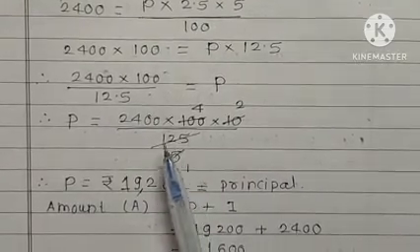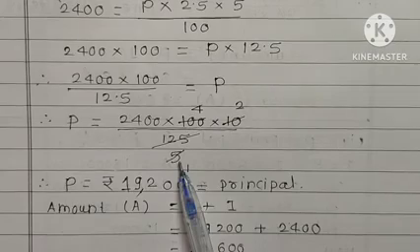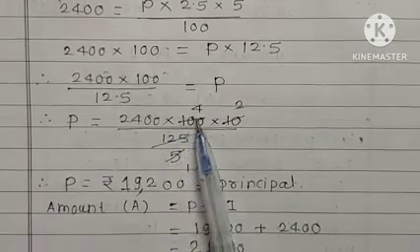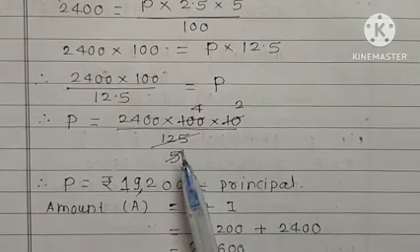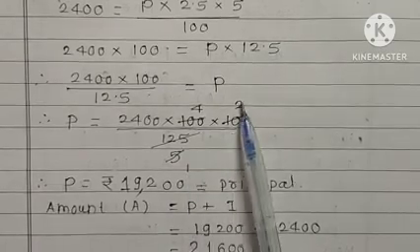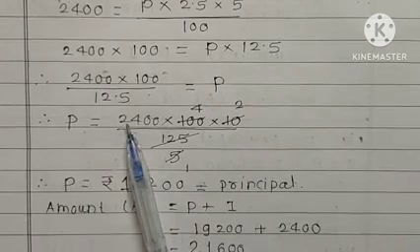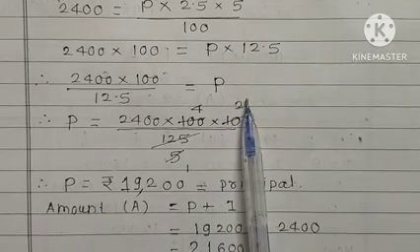Now dividing by 25, 25 fives are 125. So 25 fours are 100. Then dividing by 5, 5 ones are 5, 5 twos are 10. Okay, so 2400 into 4 twos are 8.